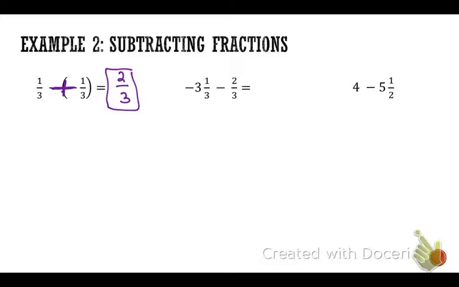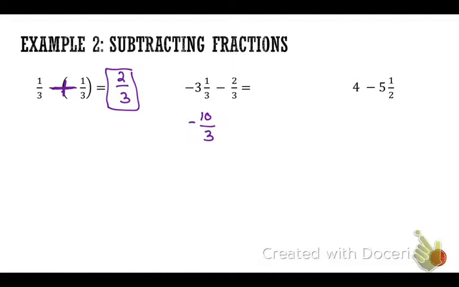Make them improper. Now I understand sometimes you could combine them accurately by leaving it. But with multiplication, you have to convert it to an improper fraction. So it's just easier to say, anytime I see a mixed number, I want to convert it to an improper fraction. All right, so I have negative 10 over 3.